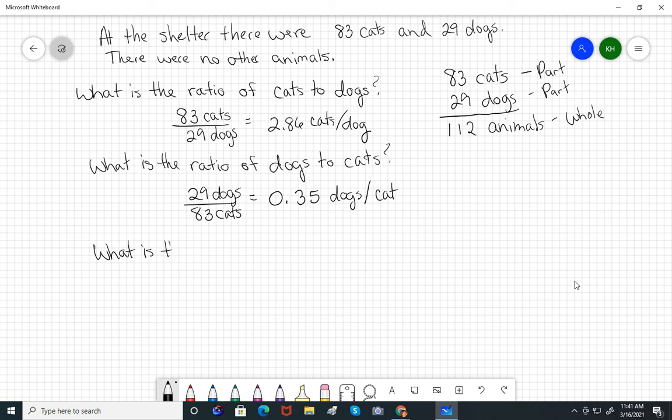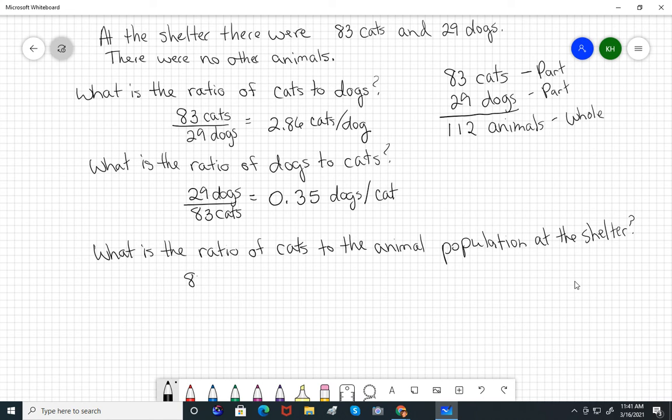What is the ratio of cats to the animal population at the shelter? And you can say, well, there's 83 cats.